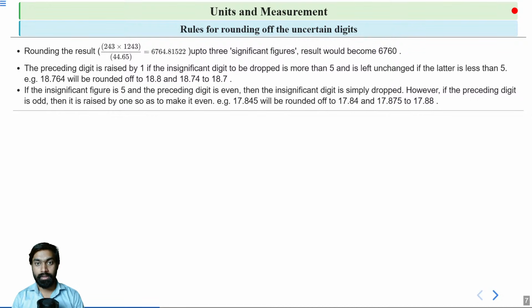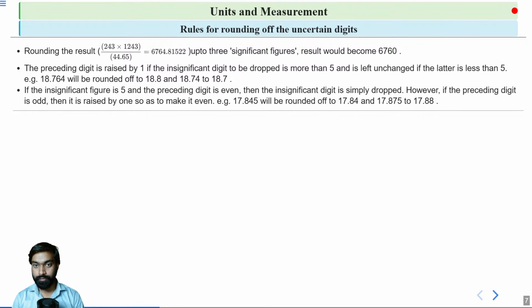Here 17.845 needs to be rounded off. The insignificant digit is 5, and the digit preceding is 4, which is an even number. So 5 will be dropped and the number will become 17.84.